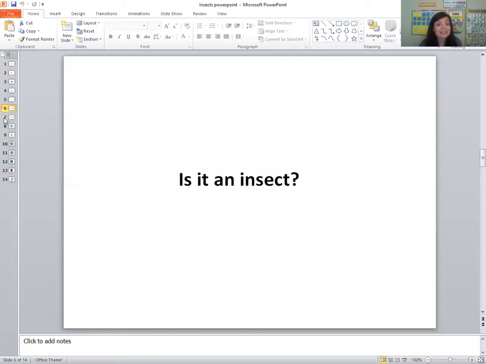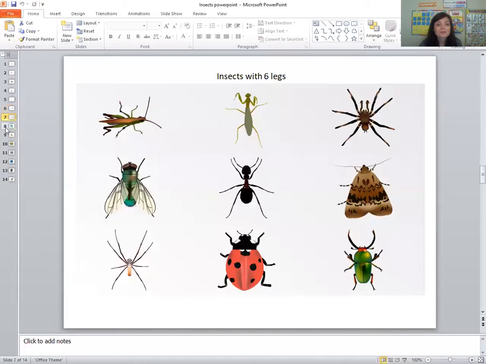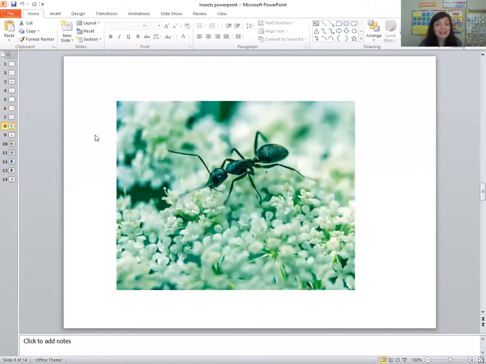Here we go. Is it an insect? Let's be sure, okay? Let's count the legs. 1, 2, 3, 4, 5, 6.